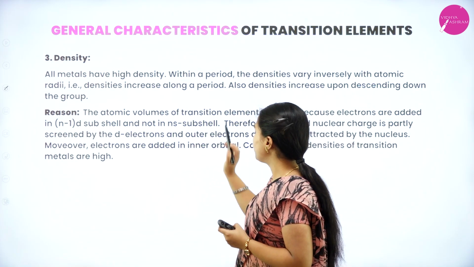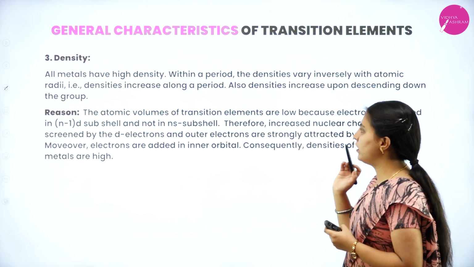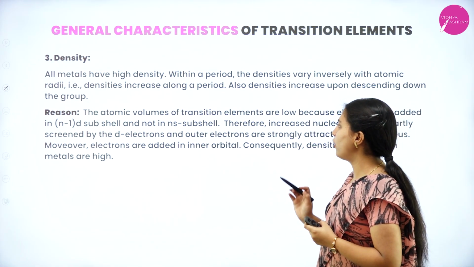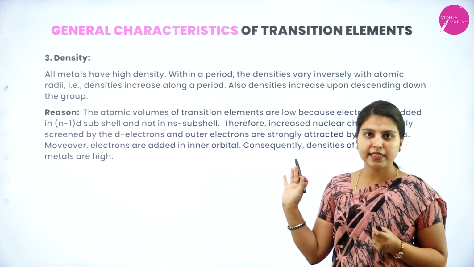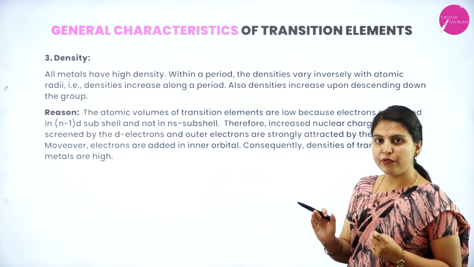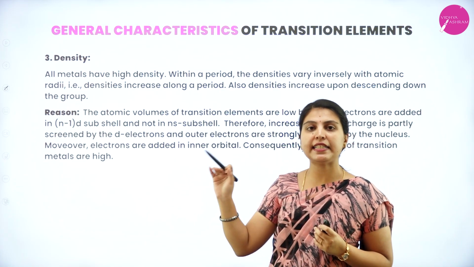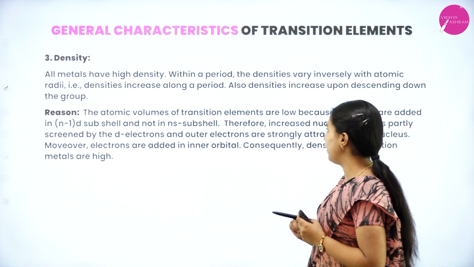Reason: the atomic volumes of transition elements are low because electrons are added in the n-1 d subshell and not in the ns subshell. Usually the atomic volumes of transition elements are low because the last electron enters the penultimate shell, that is the n-1 d subshell, not the ns subshell.